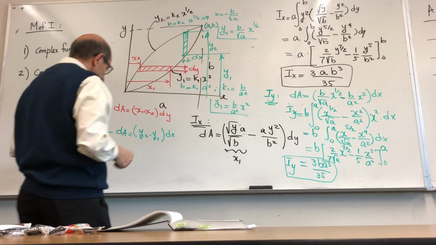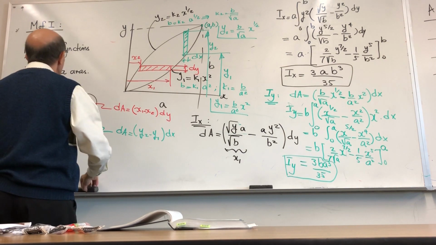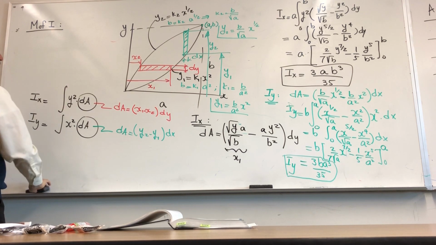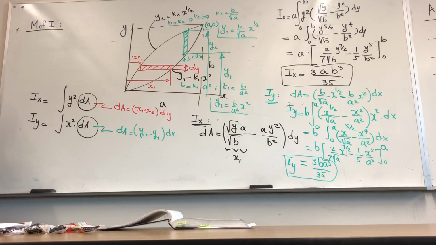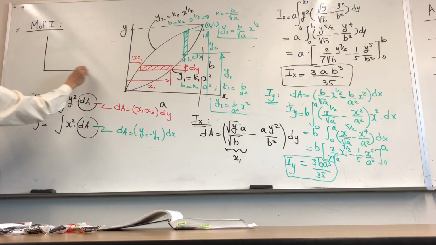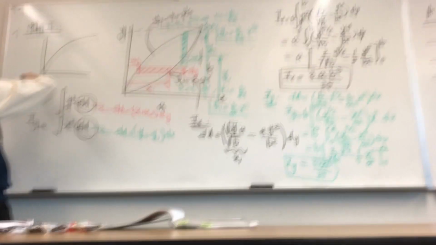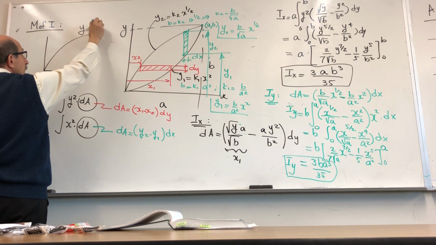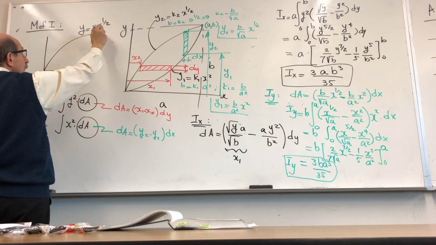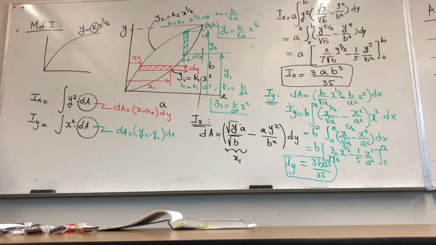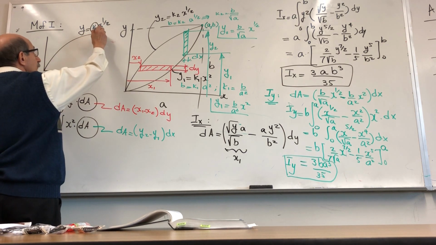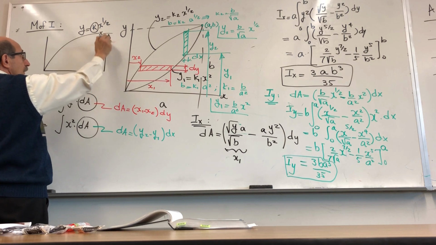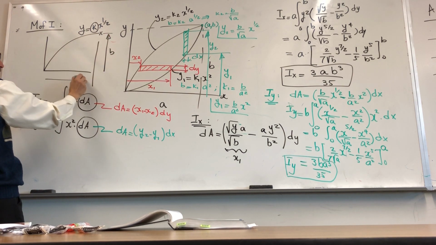Yeah, if you don't mind, I will just erase this part here. So let's say you had this function, or these two functions. Let me just start with this one. You have y equal to, let's say, k times x to the one half. This k is unknown, but you do have the coordinates of one point on this curve, with y of b and x of a.